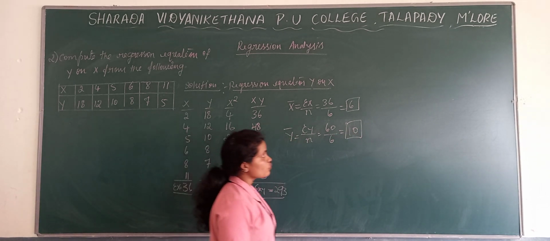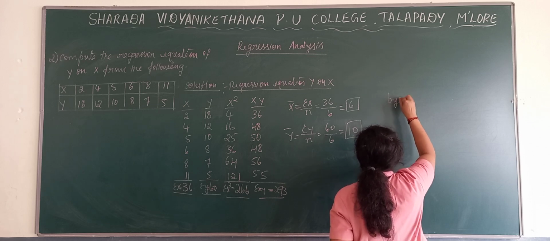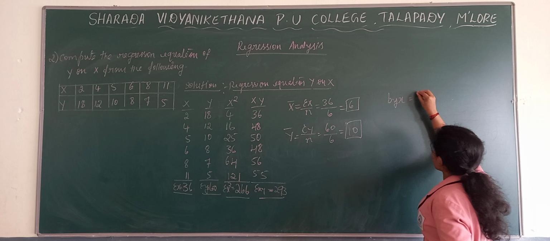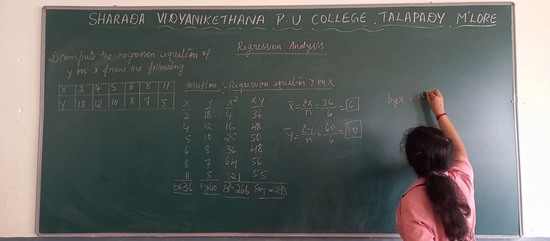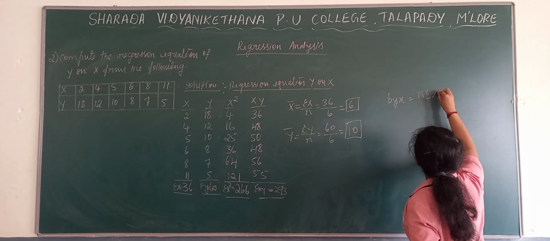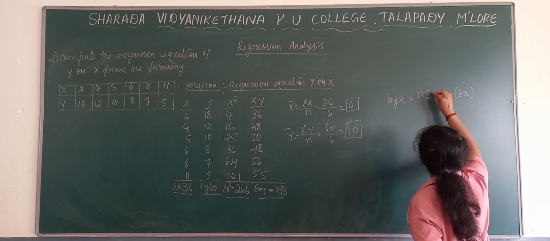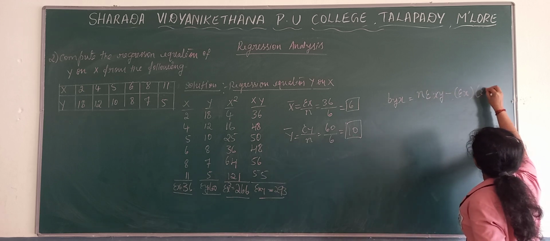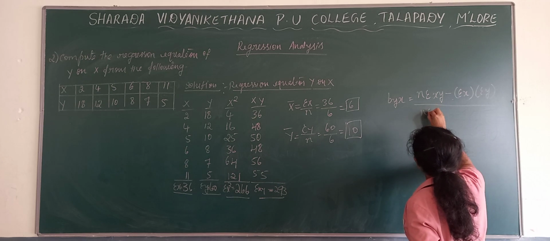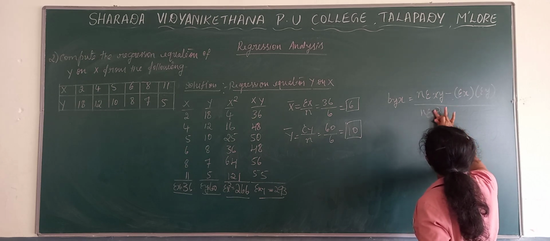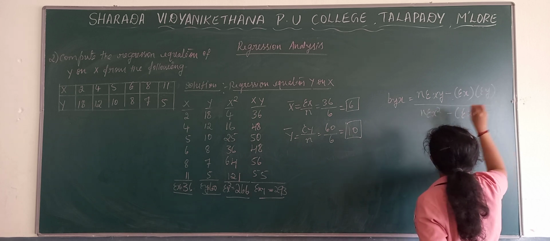Now next we need to find byx. So write the formula: n into sigma xy minus sigma x into sigma y, divided by n sigma x square minus sigma x whole square.